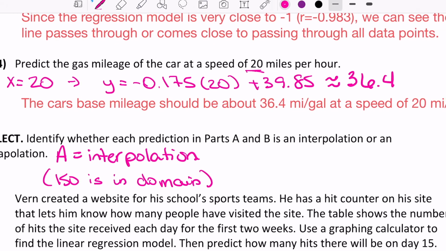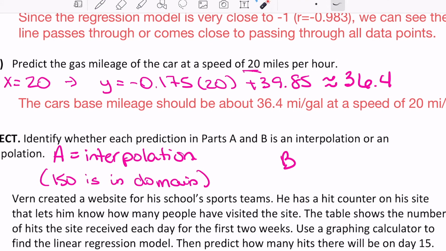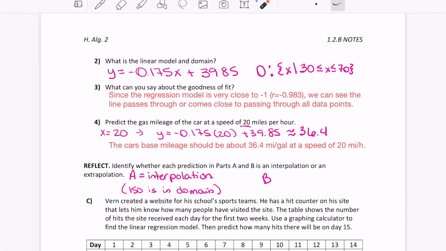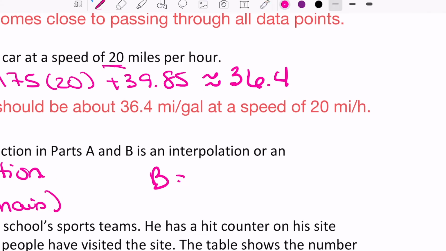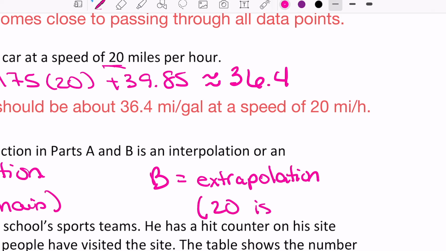For example B, we made a prediction using a speed of 20, when the domain ranges from 30 to 70. 20 does not fit the inequality. So for example B, we used extrapolation. Okay, how do we know? Again, 20 is outside of the domain.